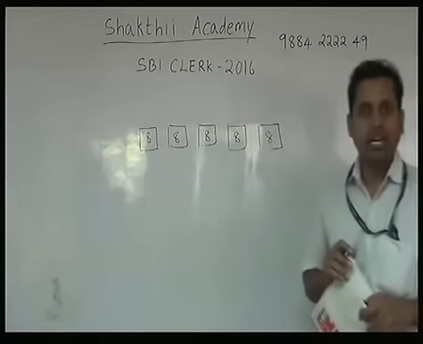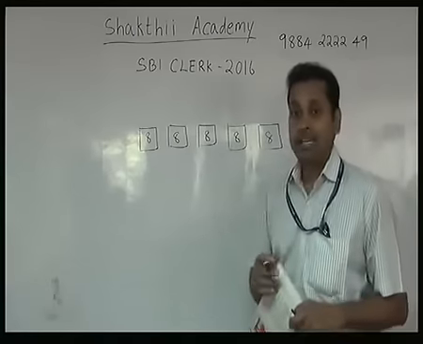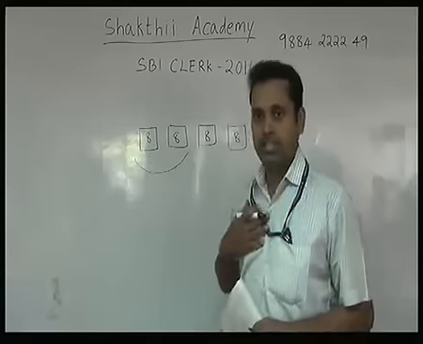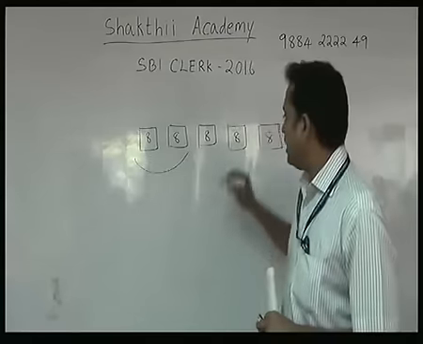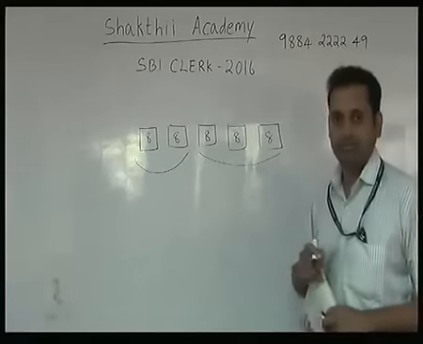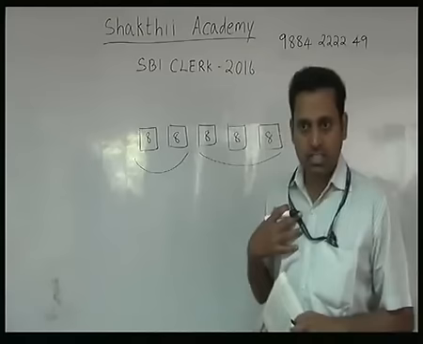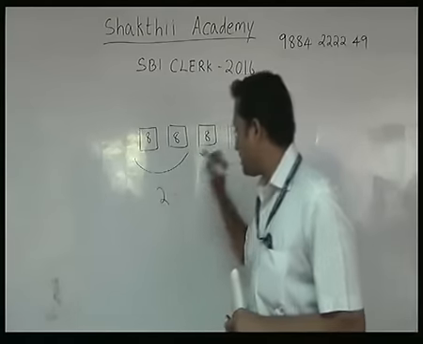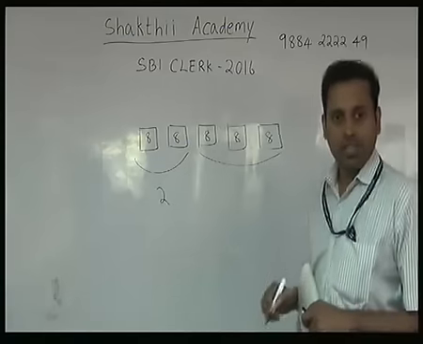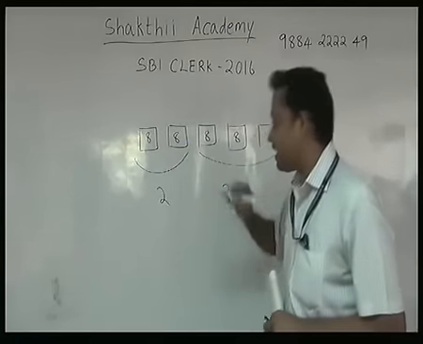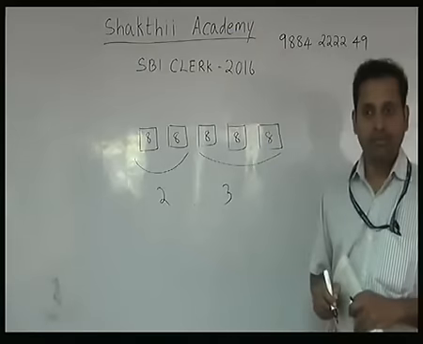Clear? Now, suppose I take 2 boxes. This is for me. And I am giving you 3 boxes. You take 3 boxes. So this I can tell as a ratio, 2:3.